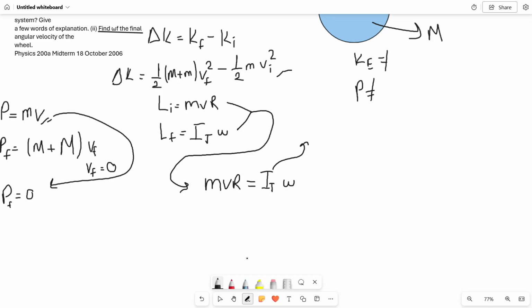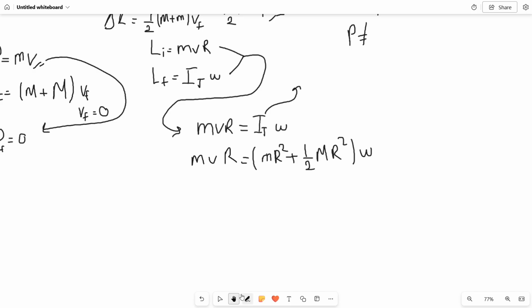And we can write down like this: 1/2 m r squared plus m r squared for the bullet, times omega, equals m v r.